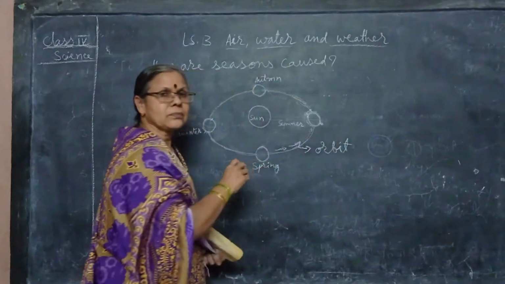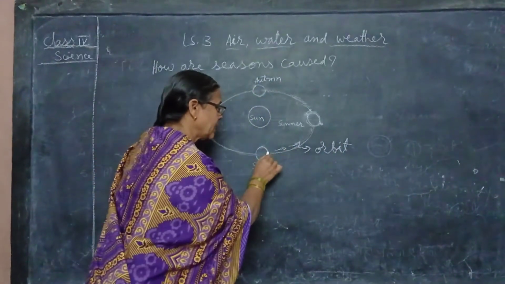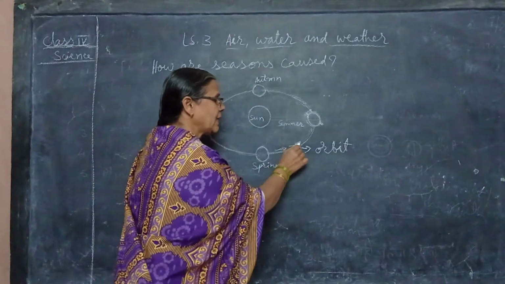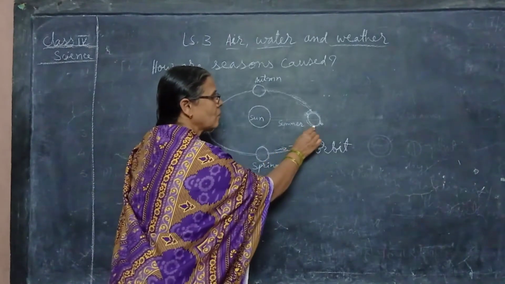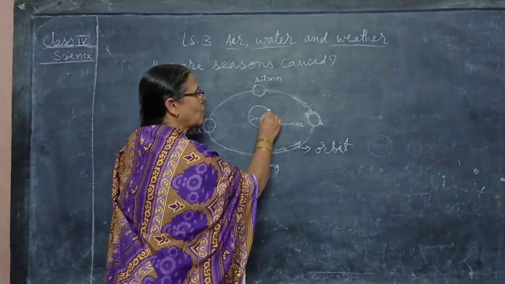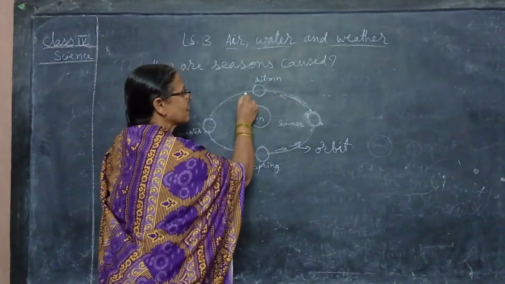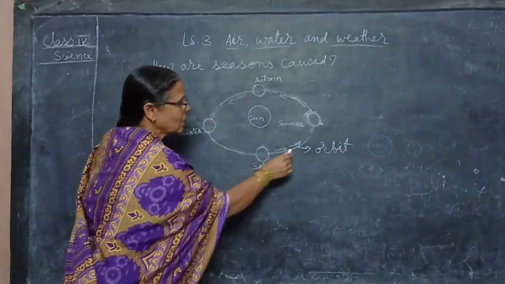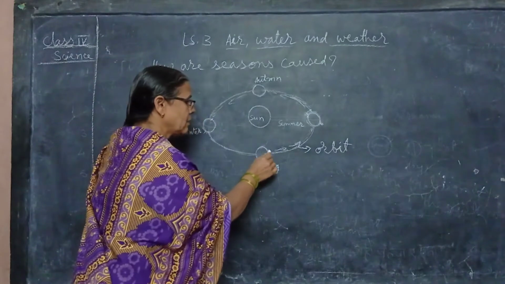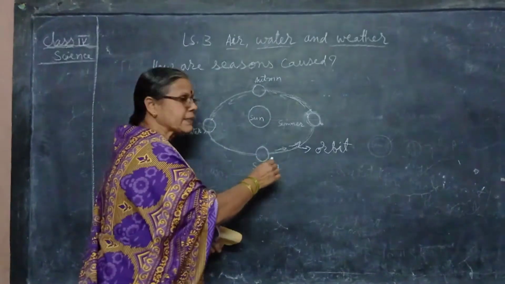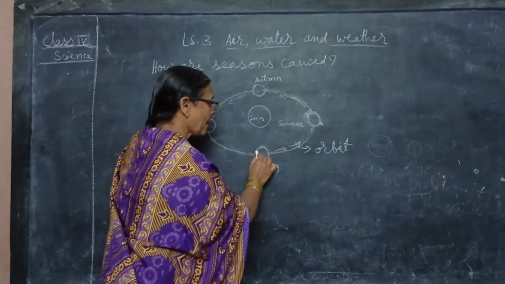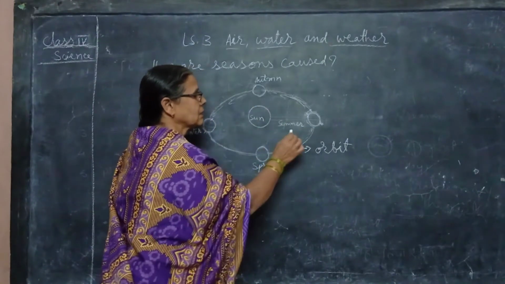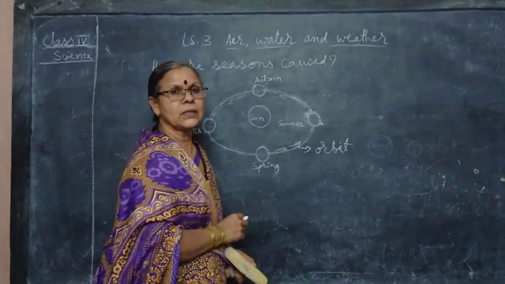O-R-B-I-T. This is called orbit. This is the fixed path where the earth is moving around the sun. And when the earth is revolving around the sun, it is called the revolution of the earth.